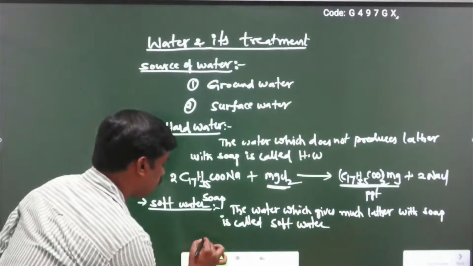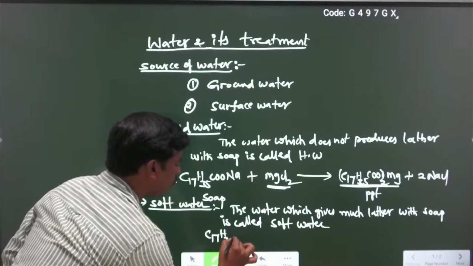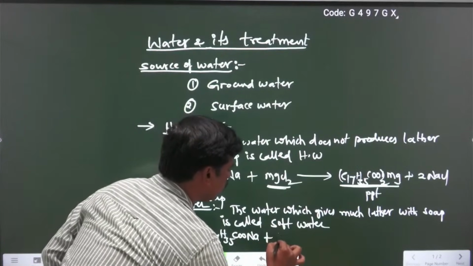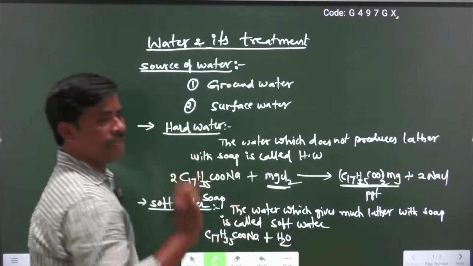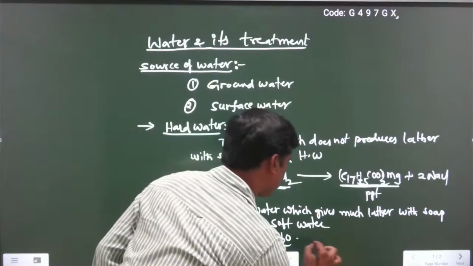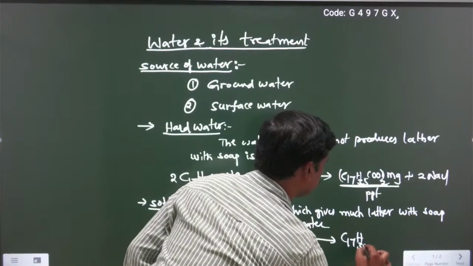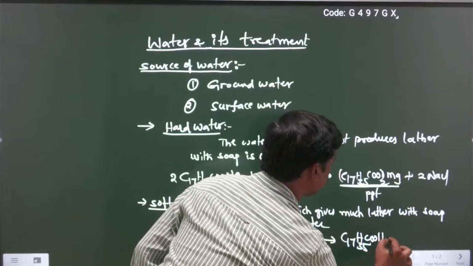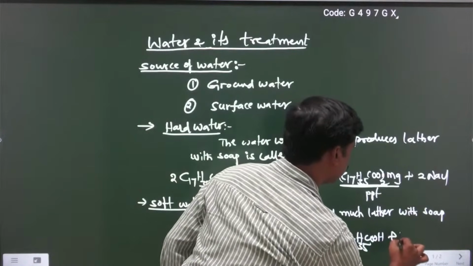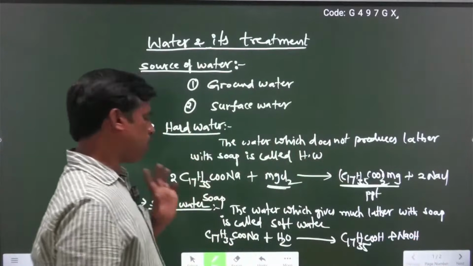Whenever soap reacts directly with soft water, which means only H2O with no dissolved salts, it produces C17H35COOH plus NaOH. This is hard and soft water.